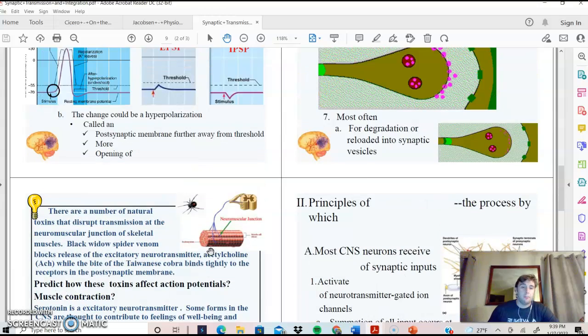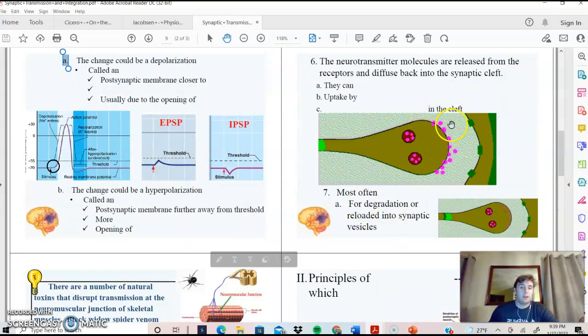It won't be able to pass through that presynaptic membrane, right here in slide 6, point 6C. They can't leave. I need to study that more. But anyway, the consequence is going to be no action potential, no muscle contraction.